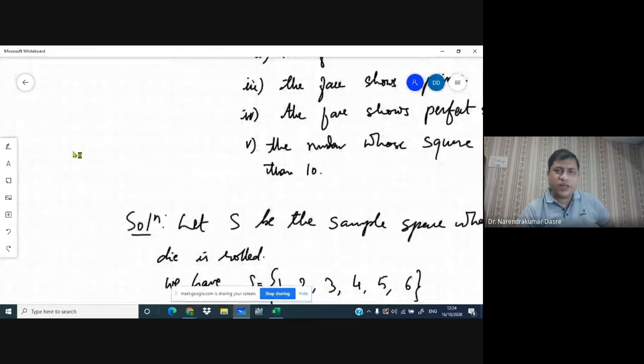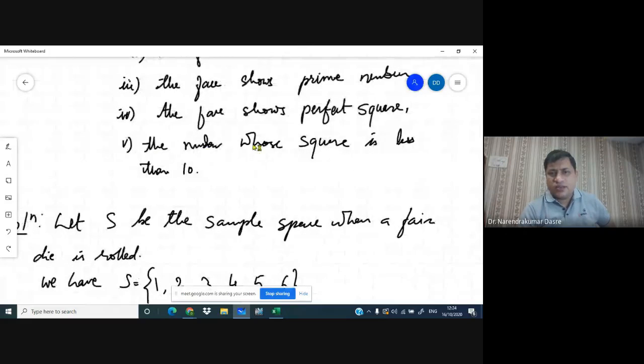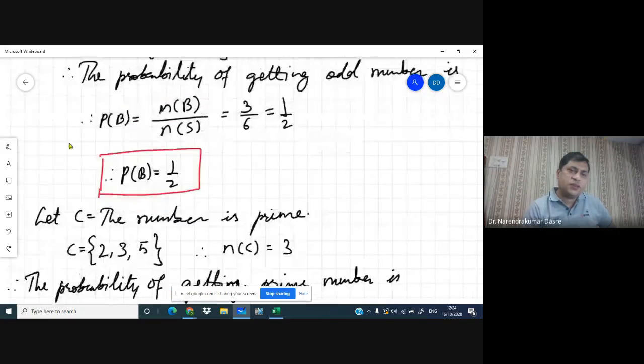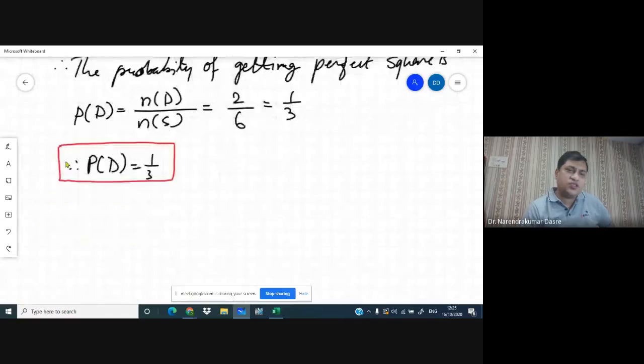You can see the next event is the number whose square is less than 10. So what is the condition? The number whose square is less than 10. Let us see what are such numbers.